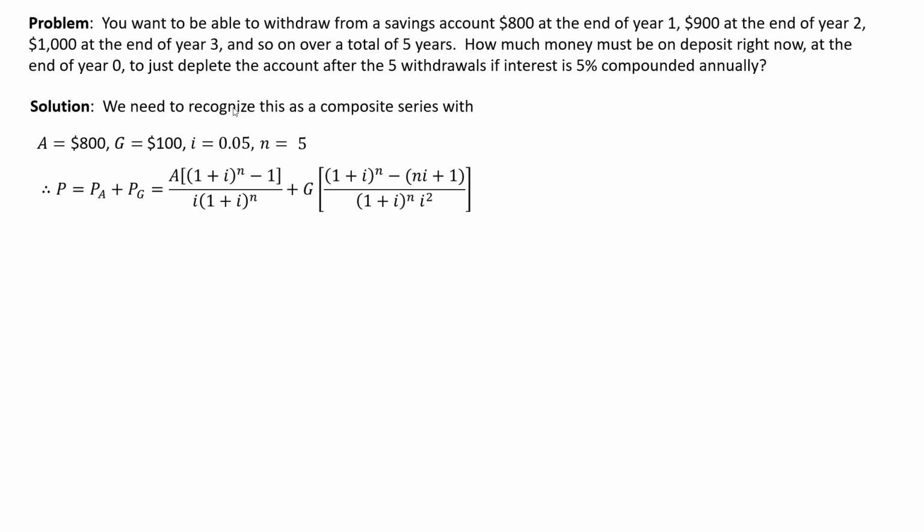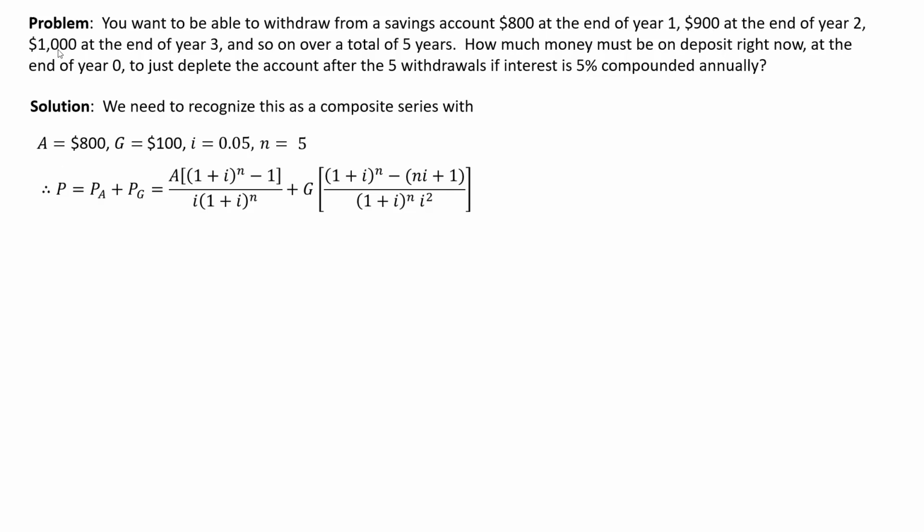A is 800. You want to be able to withdraw 800. Then each time, 800, 900, 1,000, 1,100, and so on, right? So you need to clearly understand that A is 800 and G is that extra money. 900 minus 800 is 100.